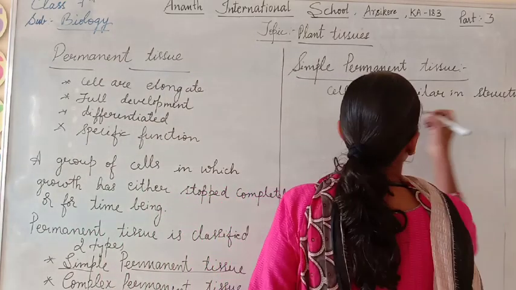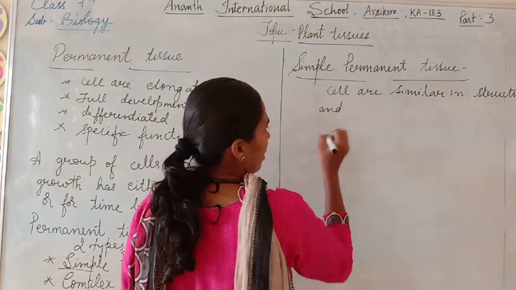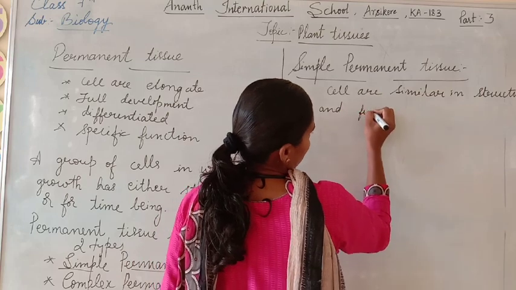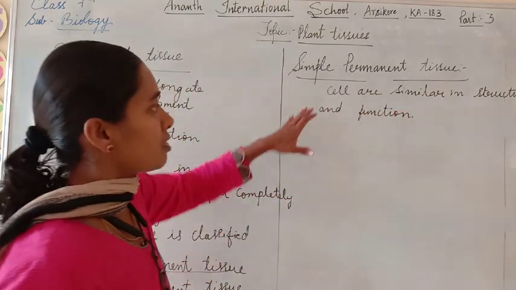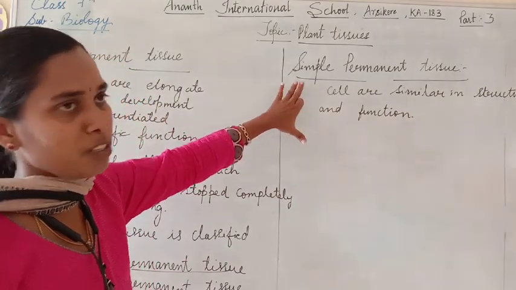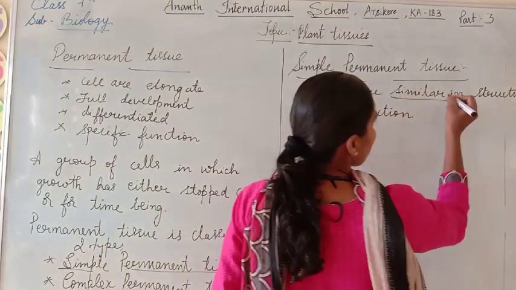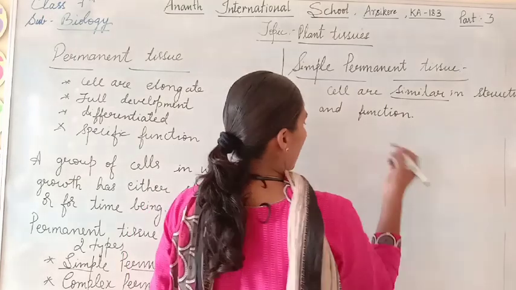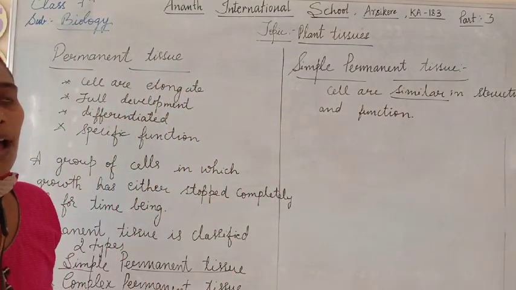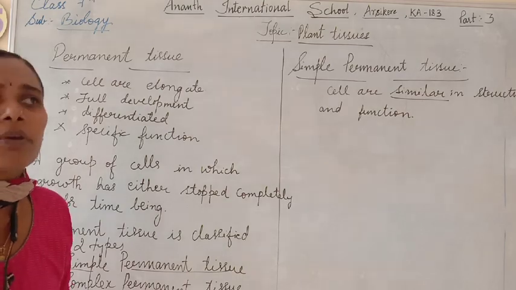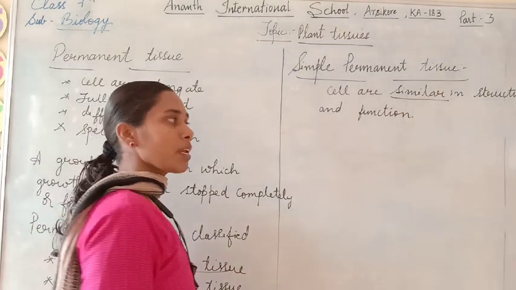Similar in their structure and function. The cells present in the simple permanent tissue will be similar in structure. As we all know, cells are cylindrical in shape, oval in shape, polygonal in shape, irregular in shape, and even spherical in shape.